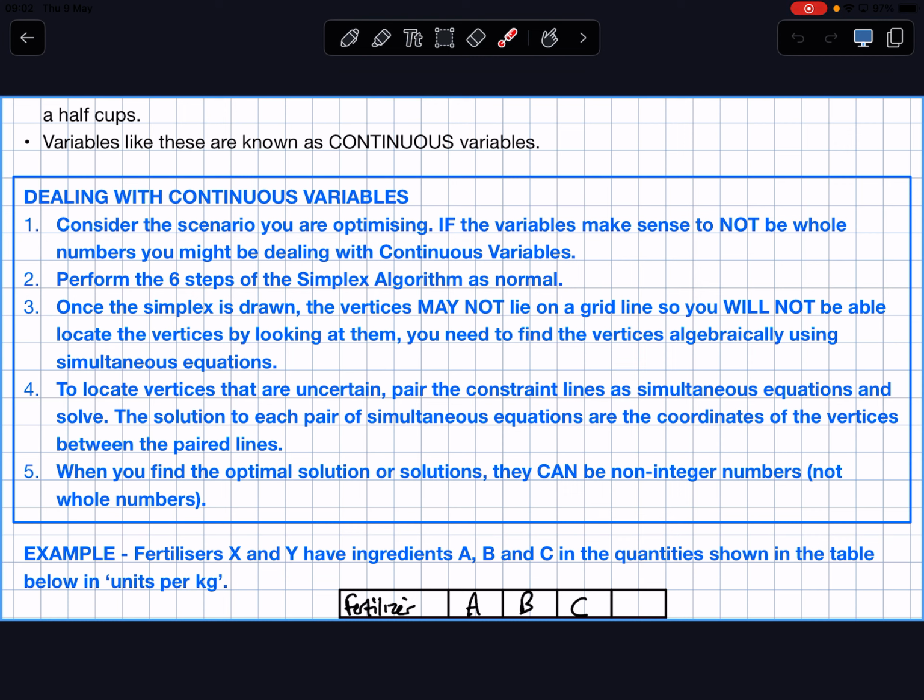It's somewhere in the middle. So how do we actually locate the vertices? To locate vertices that are uncertain, pair the lines and do a simultaneous equation. We did that at the start of the term. Okay? That's how you confirm where the coordinates are. And then lastly, step 5, when you do find the optimal solution, it is acceptable that they're not whole numbers.